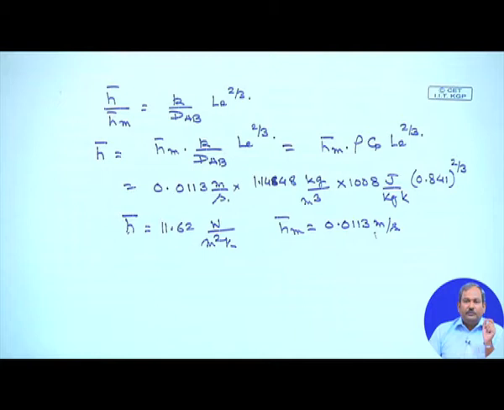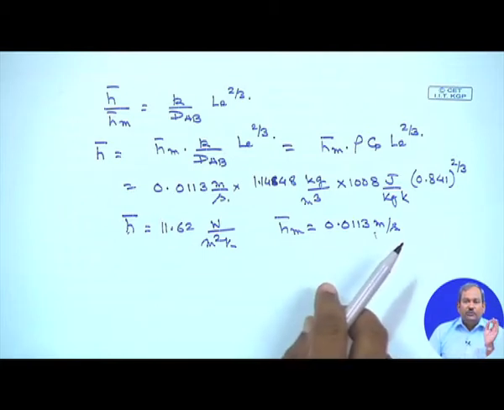If you remember from your heat transfer studies, whenever you have only natural convection present in a system, the values of H for low velocity flows and for natural convection will generally be around 10 watt per meter square per Kelvin. So here also is a situation where you get the value of H roughly in that range.